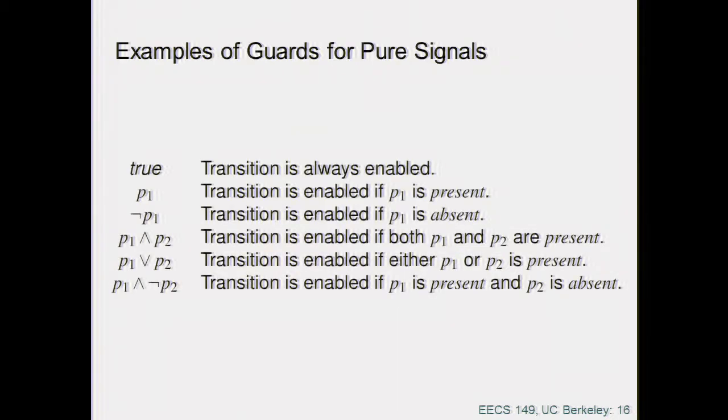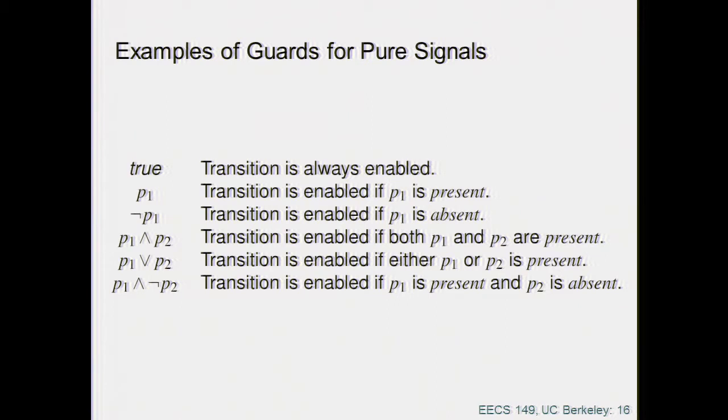Now, these are examples of guards on pure signals. Pure signal meaning, again, we are working in the Boolean space because there are only two values in this space. True means the transition is always enabled. So you have 1 over there means, okay, I always take that transition. So there is no constraint upon the changing of state. Now, P1 says that transition is enabled if P1 is present, so the pure signal is there.